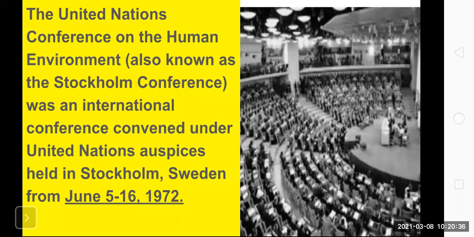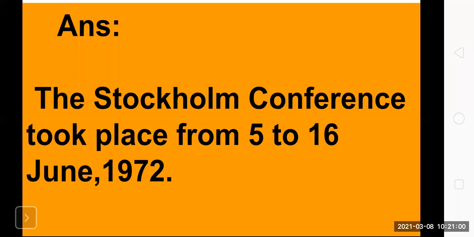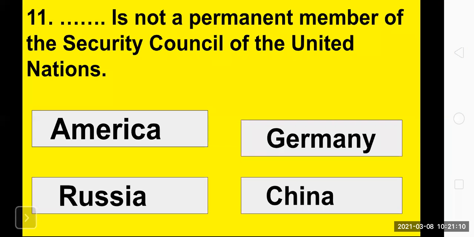It means this conference, which is based on the human environment, was held in Sweden. Stockholm is the city in Sweden. That's why this conference is known as the Stockholm Conference. The Stockholm Conference takes place from 5th to 16th June 1972. Okay.